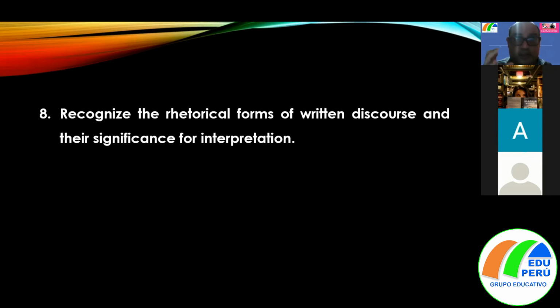But remember, a clause structurally is like a sentence, but it's not a sentence because of the meaning, the sense. That's the difference between a clause and a sentence. Don't forget. And we use cohesive devices to join these clauses. All right? And the reader, as I told you, must recognize this.